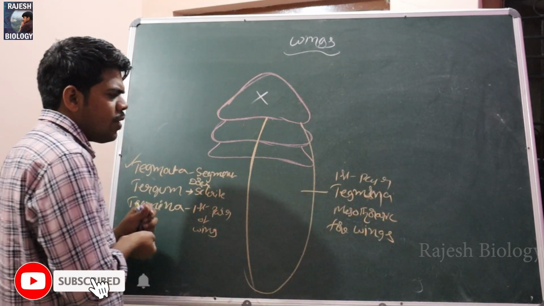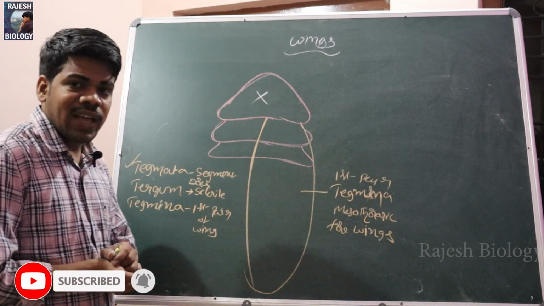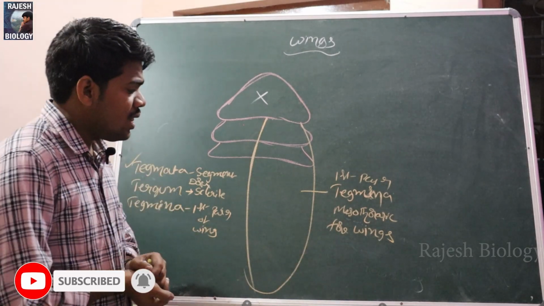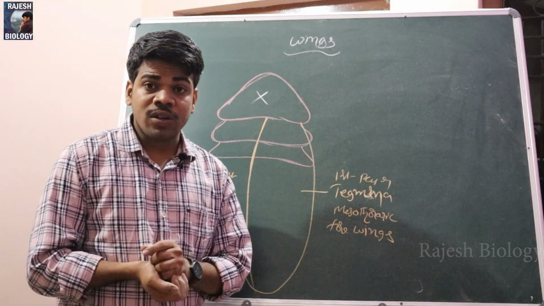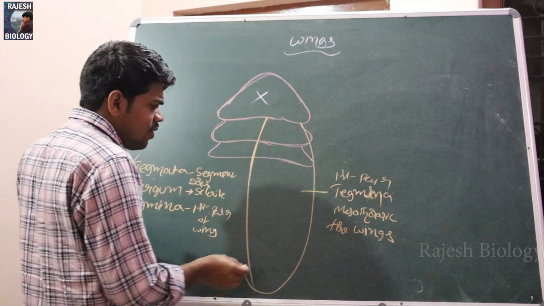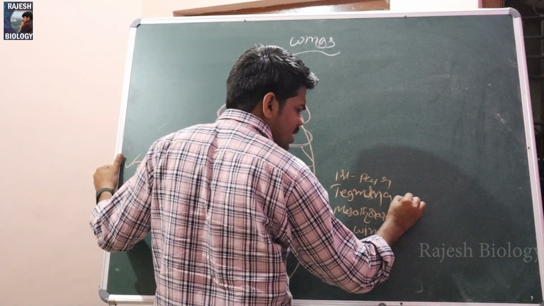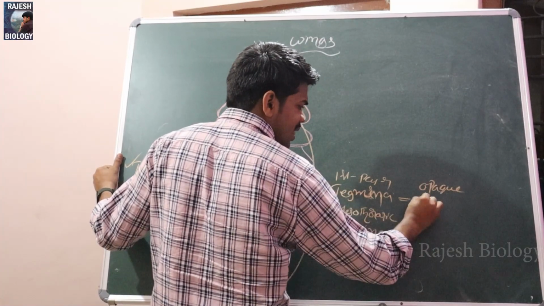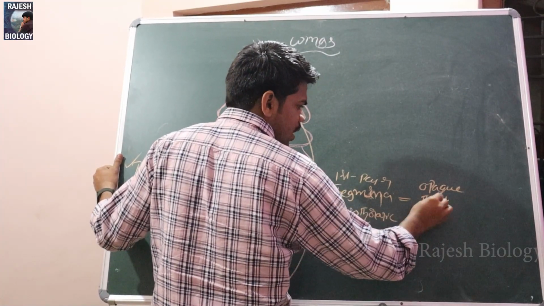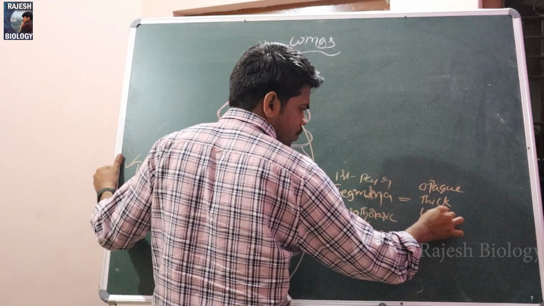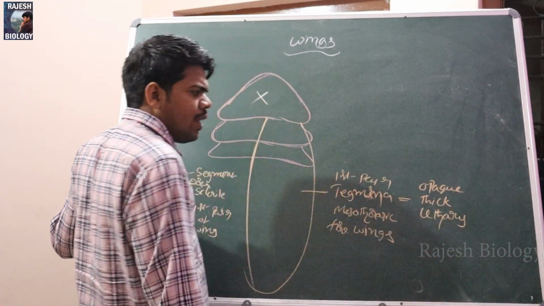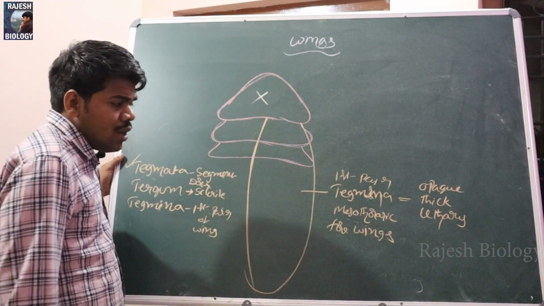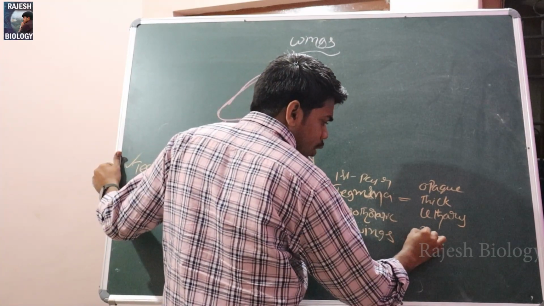The first pair of wings which arise from the mesothorax are called tegmina. They are also called forewings. The features of these mesothoracic wings are they are opaque, thick, leathery. The function is protective.